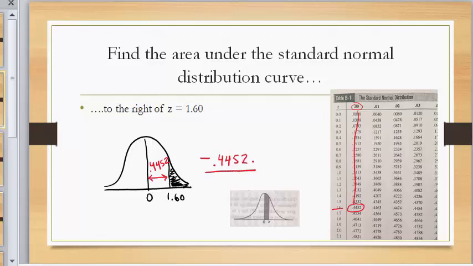So again, anytime you have a curve where you have noted an area and that area is not shaded, that is a clue to you that it should be subtracted off. Now, the next question is, what do we subtract it off from? I don't have another number to look up in the table.